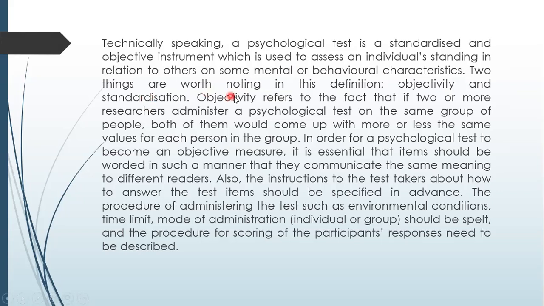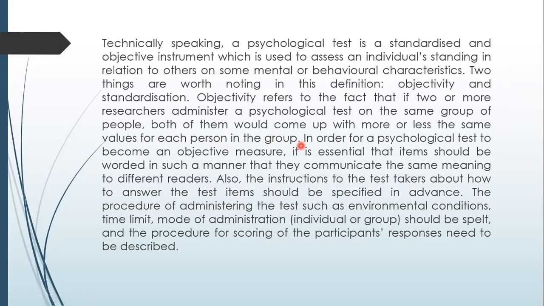Two things are worth noting in this definition, that is objectivity and standardization. Objectivity refers to the fact that if two or more researchers administer a psychological test on the same group of people, both of them would come up with more or less the same values for each person of the group.